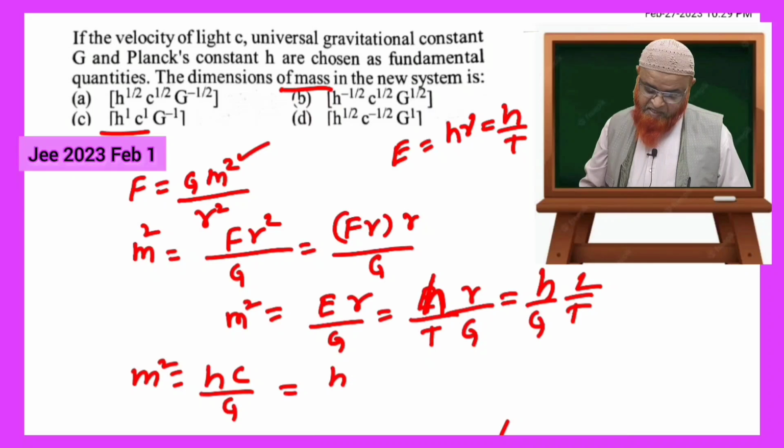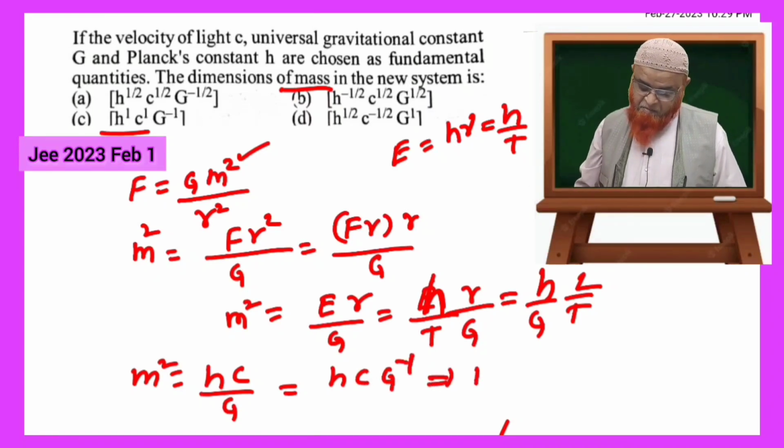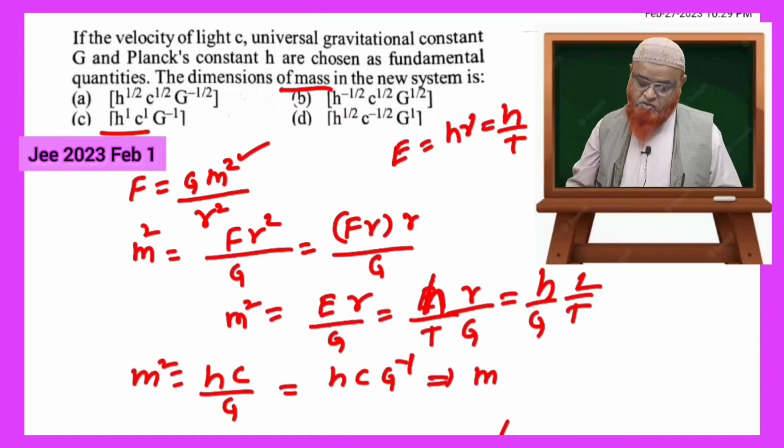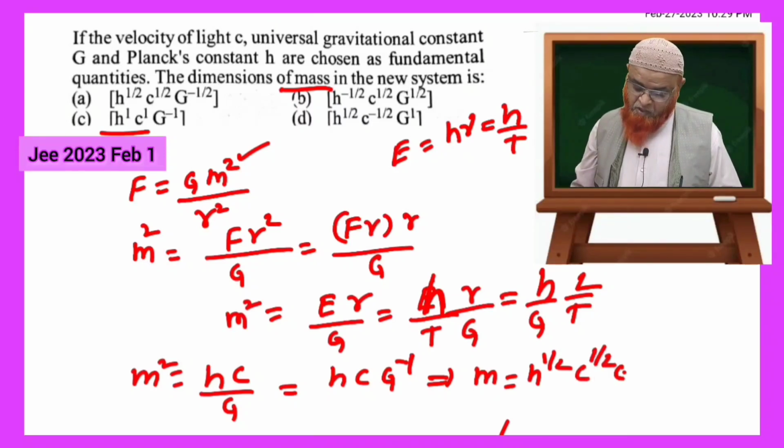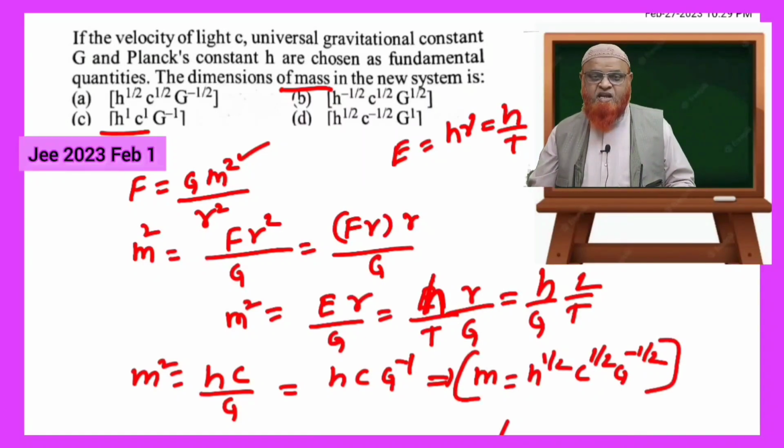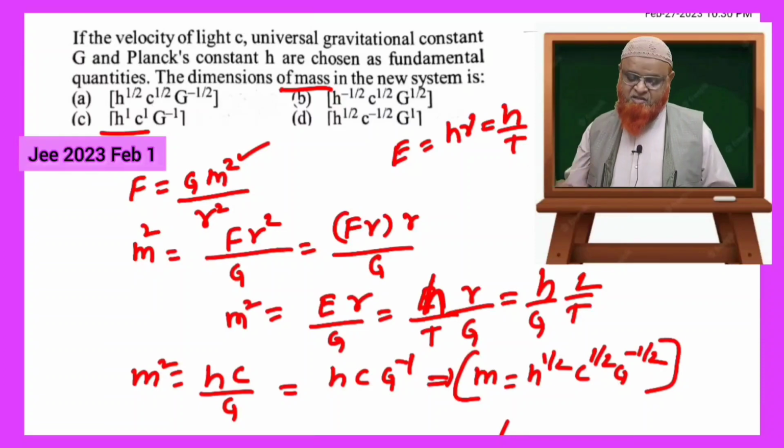So this can be taken as h c G power minus 1. This implies that mass, if you take the square to the other side, is going to become h power of 1 by 2, c power of 1 by 2, and G power of minus 1 by 2. So this is the method of solving the problem without using dimensional formulas. Hope you have understood this one.